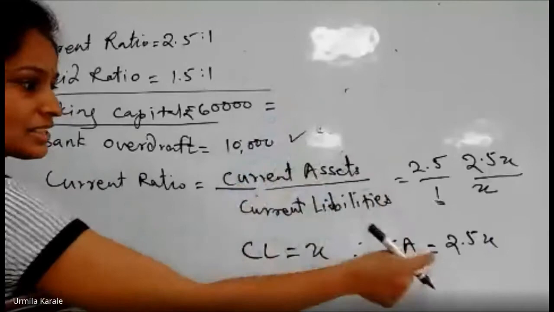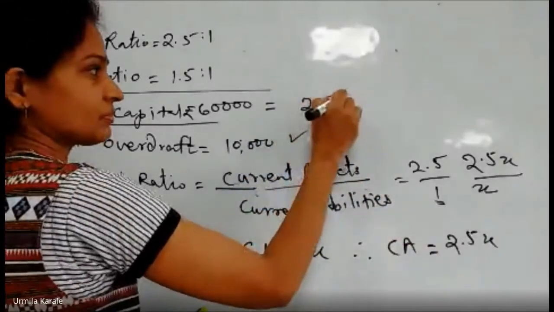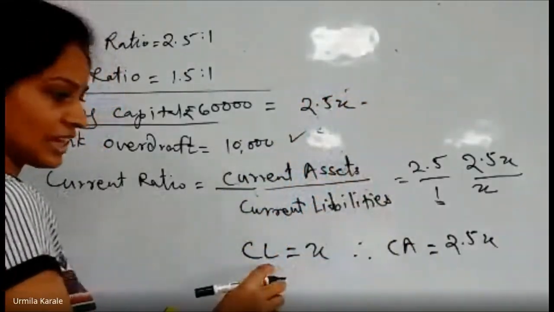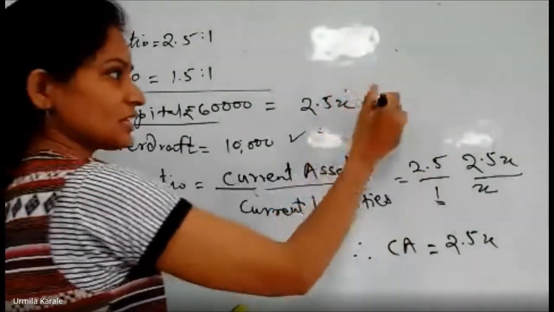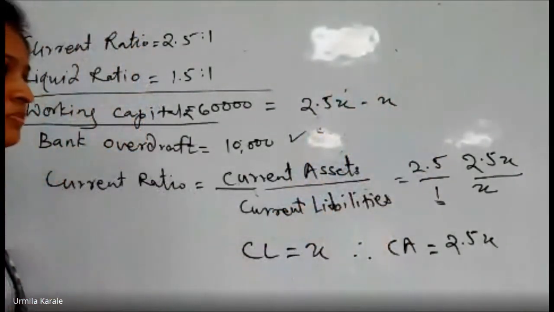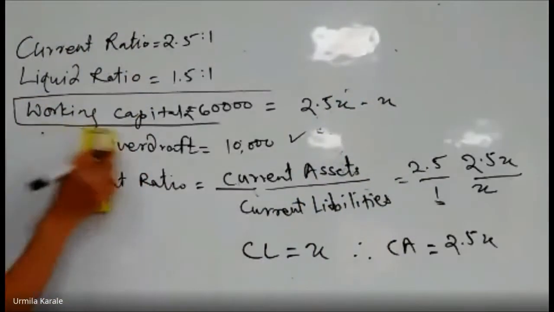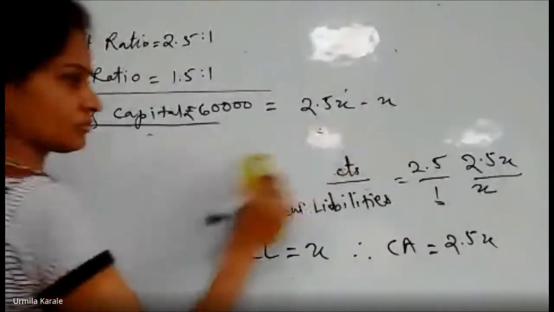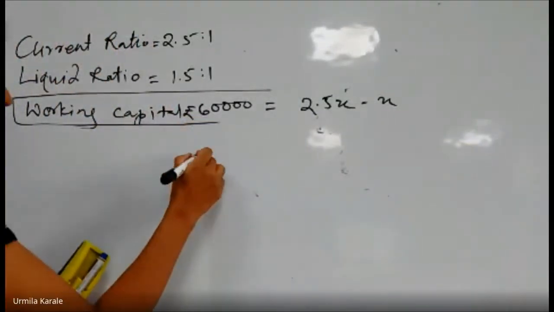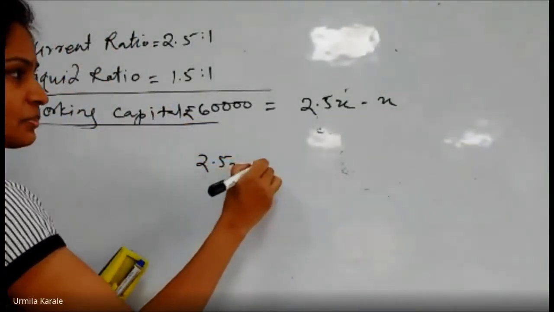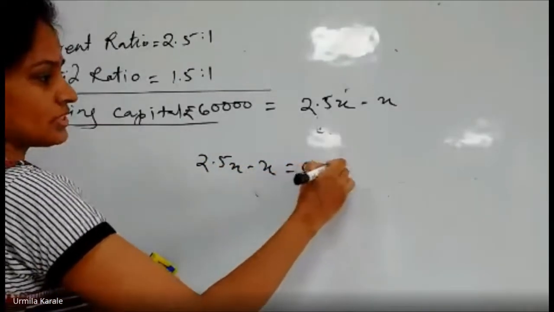Now current assets is 2.5x minus liability is x. So current assets less current liability means we are just taking this equation now. Now we have an equation. Now you have this equation to be solved, linear equation. 2.5x minus x equals to 60,000.